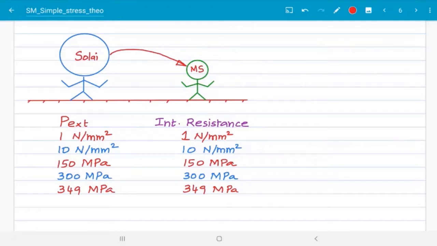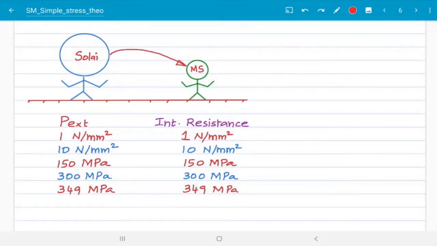So up to 349, the externally applied load per unit area is equal to the internal resistance offered by the body across unit cross section area. What is the name we can give to this parameter? Stress. Very good.